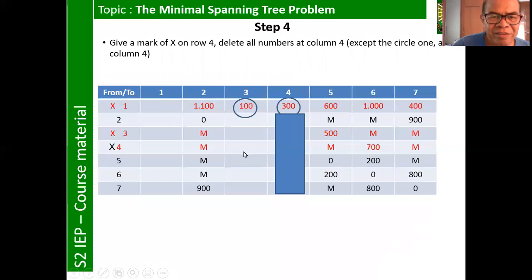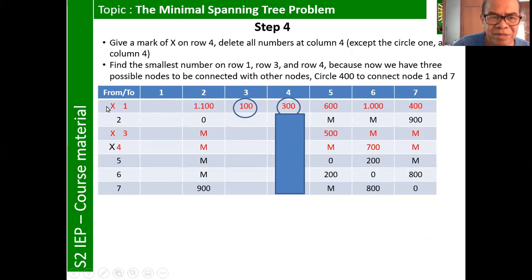Then find the smallest number from these 3 rows, either from 1, 3, or 4. 500 is the smallest.